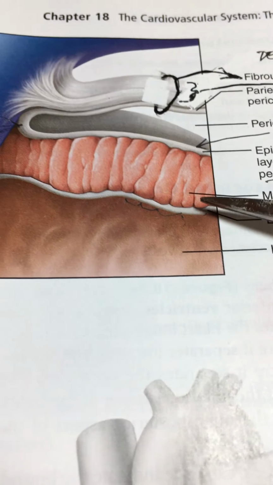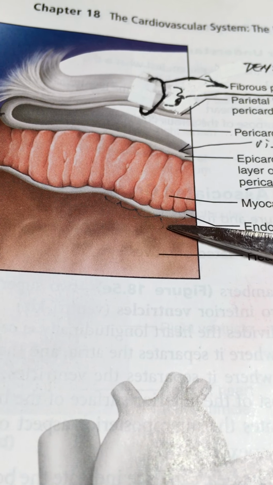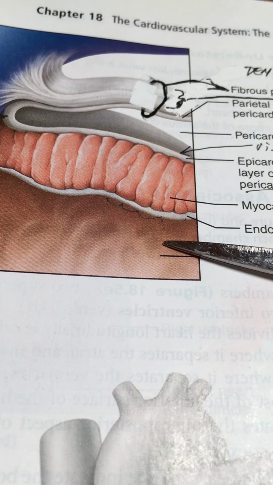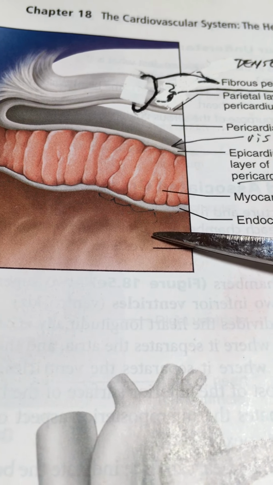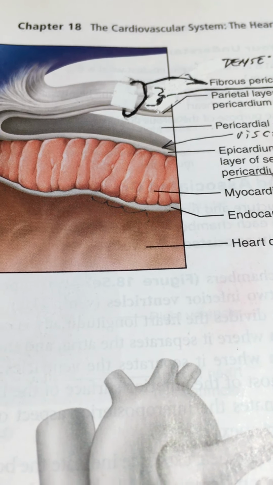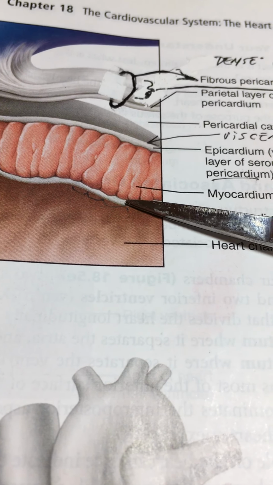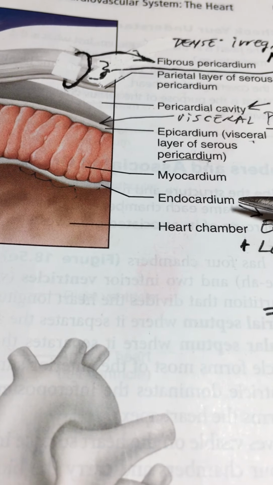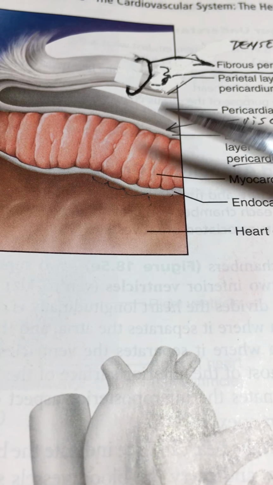But basically it's a thin little area right here, and red blood cells and white blood cells, when they see the inside of wherever the blood travels, they're looking at simple squamous epithelium, but we've decided to call it endothelium. Next we have the myocardium, which is just the muscle itself, okay, the cardiac muscle.